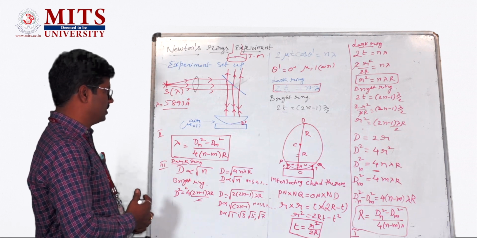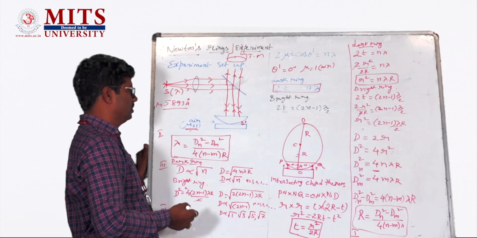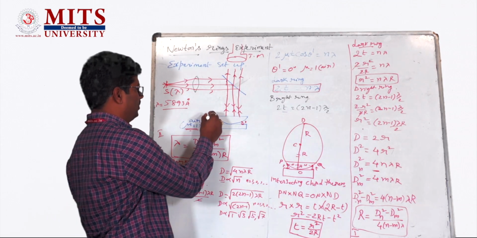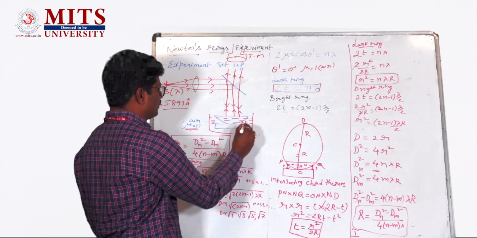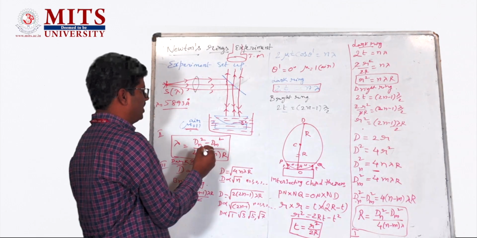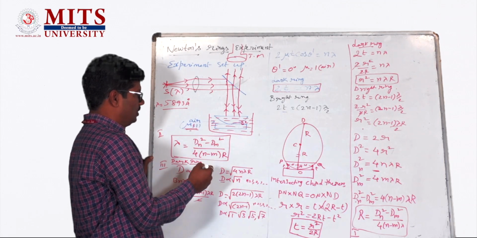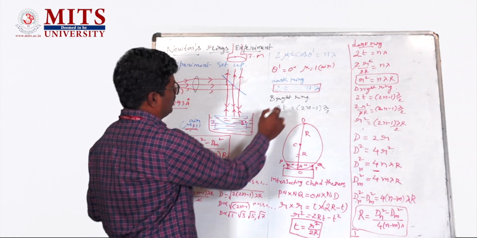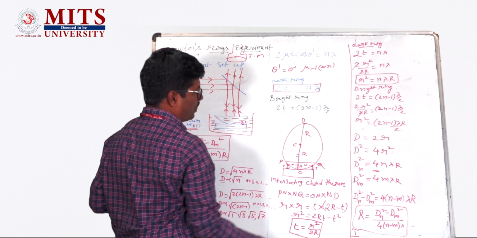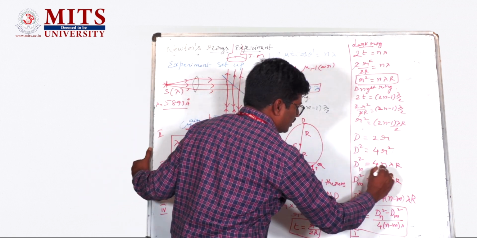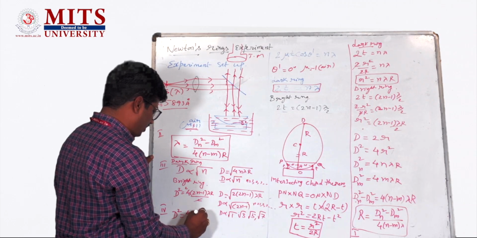The last one is to find the refractive index mu. Since we have taken air, we took the mu value as 1. Suppose you take a beaker and put a liquid in it. The liquid has some refractive index; if you take oil, then it is not equal to 1. If you do the whole derivation, you get D square is equal to 4n lambda R by mu.